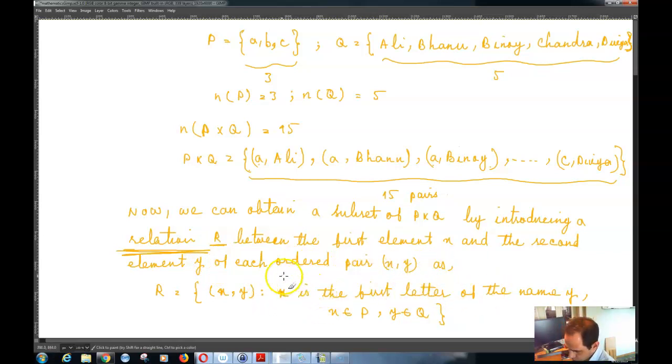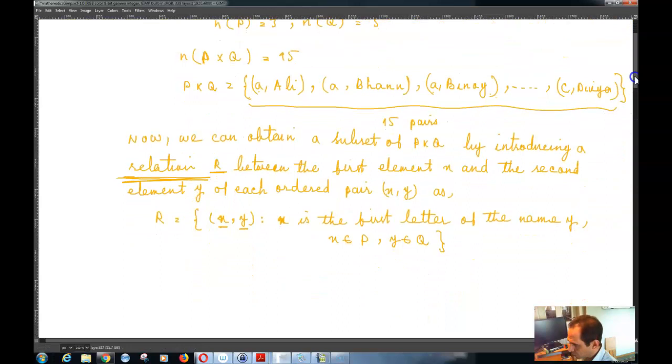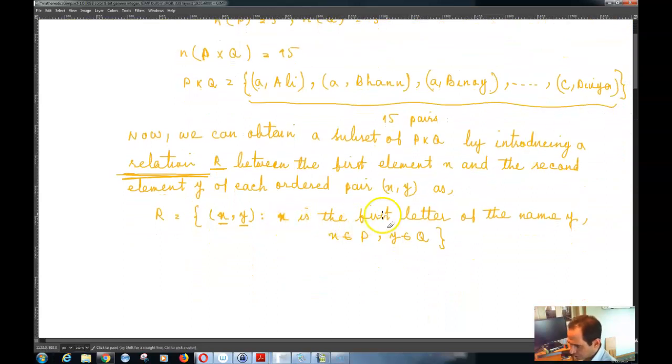And this could be any rule that you could define, meaning that you take the first element as X, you take the second element as Y, and then you say that X is supposed to be the first letter of the name Y. And then we say that X belongs to P and Y belongs to Q, meaning that these first elements are supposed to come from the set P, and these second elements are supposed to come from Q, and that's how you can get a subset of this set.